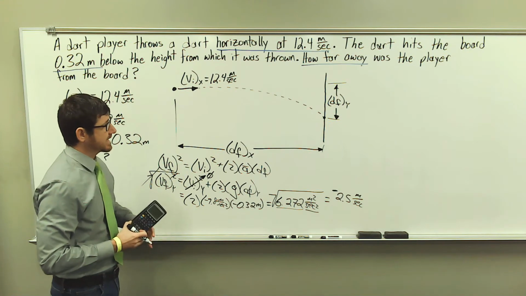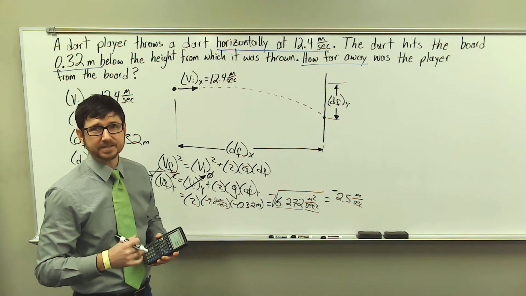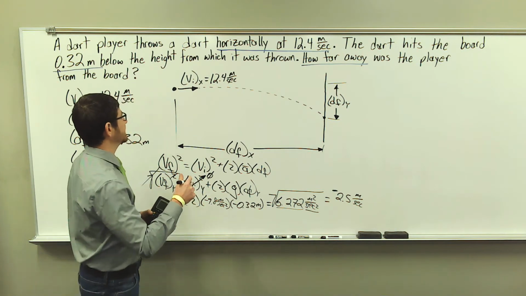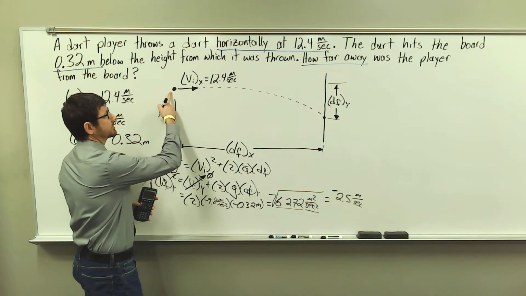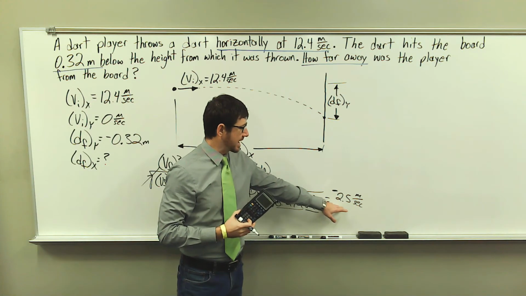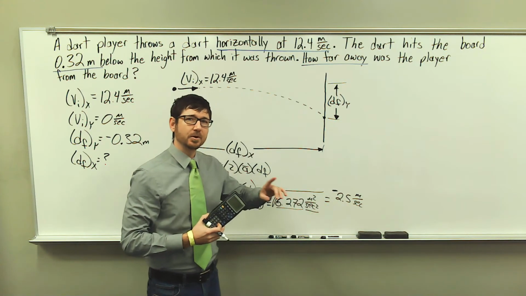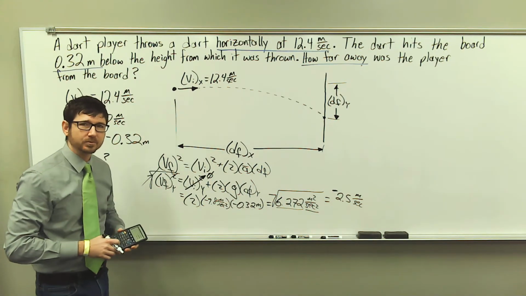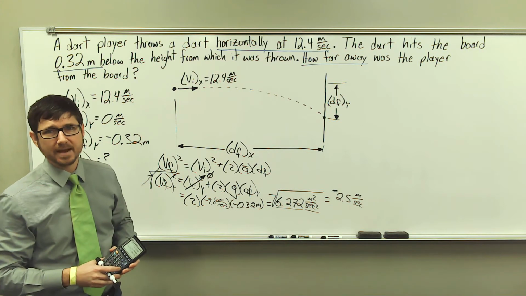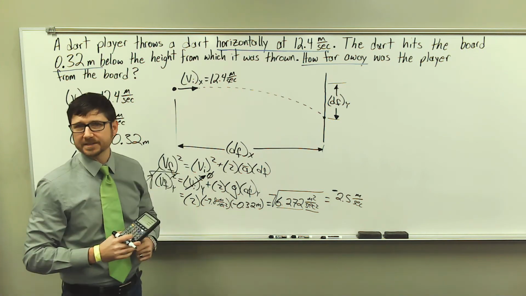So the next thing we need is the time that the dart is in the air. And since we know that the initial velocity in the y direction is 0, and we know the final velocity is negative 2.5 meters per second, and we know the acceleration in the y direction is the acceleration due to gravity, we can calculate the time that the dart is in the air.